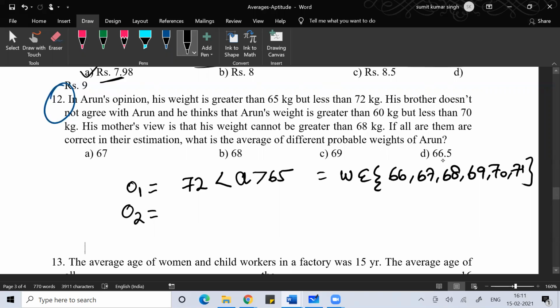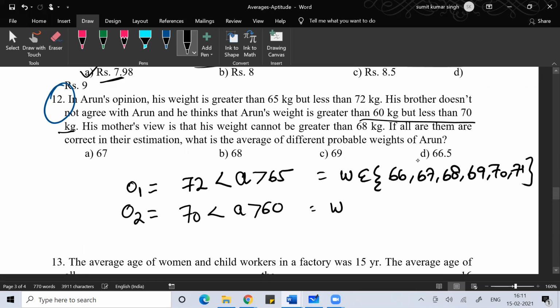Then his brother does not agree with Arun and he thinks that Arun's weight is greater than 60 kg but less than 70 kg. So his brother believed that his weight is greater than 60 kg but less than 70 kg.